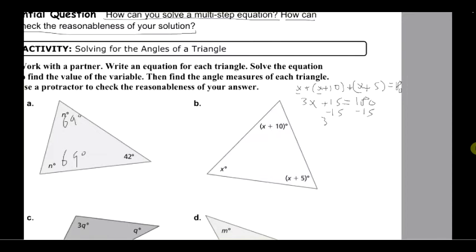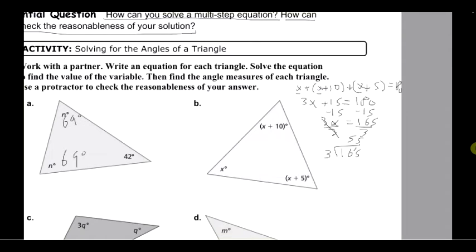So we're left with 3x equals 180 minus 15, which is 165. Divide both sides by 3. That simplifies, and we're left with some long division of 165 divided by 3. 3 goes into 16, 5 times, remainder 1. 3 goes into 15, 5 times.